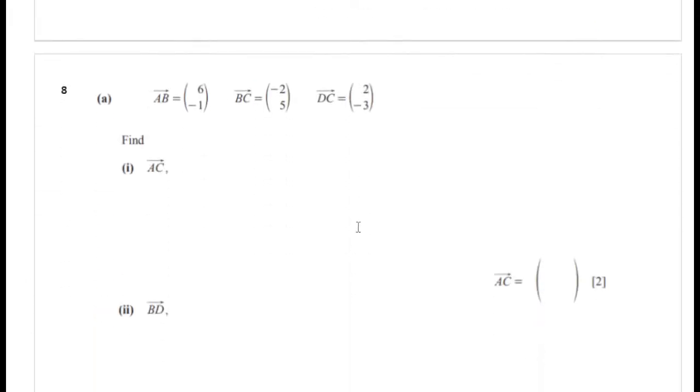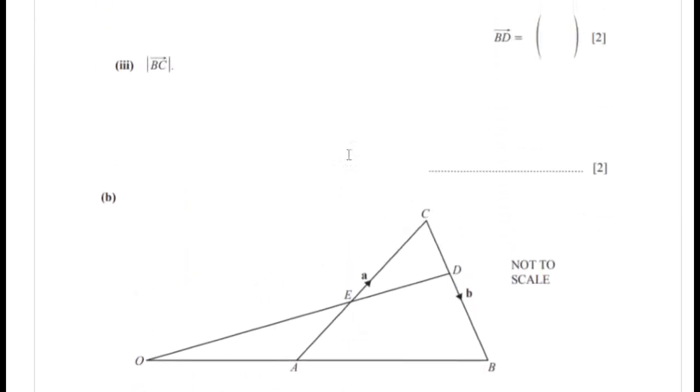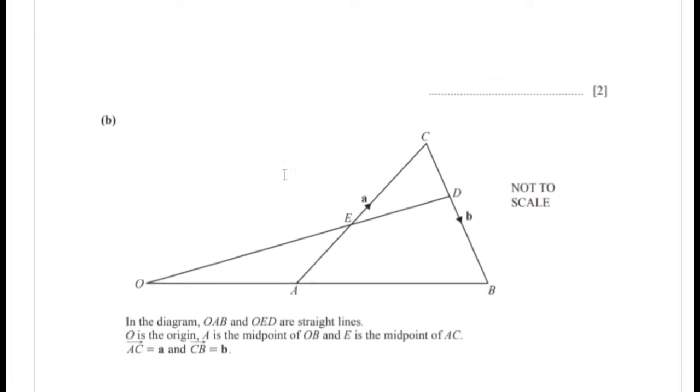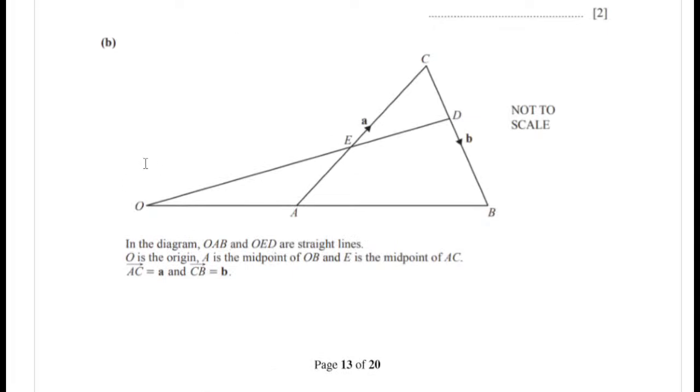Now here, work out Alicia's running speed. This is a vector question. Now in this B part, some of you have found difficulty, so let us concentrate on this B part. What is given in the diagram? OAB and OED, these are the two straight lines.